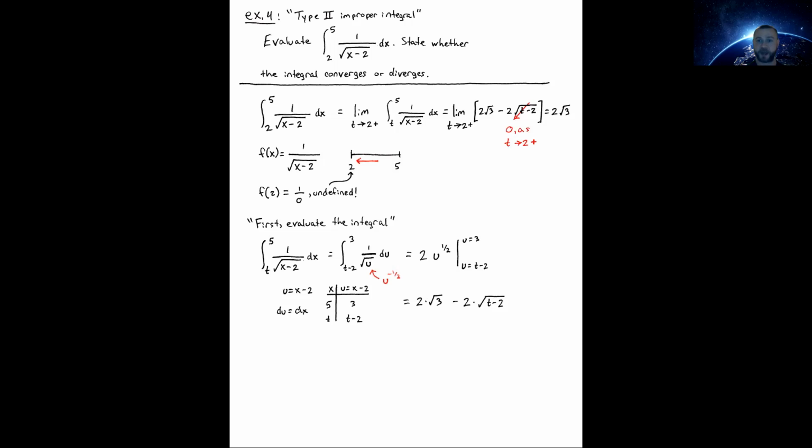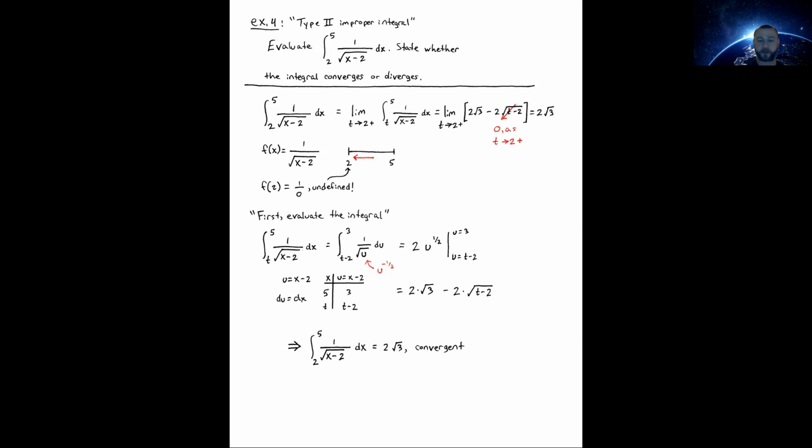So if we stick with a right side limit only as t approaches 2, we avoid that possibility. Okay, so that last term, the square root part, approaches 0. The whole limit then approaches 2 times square root of 3. And since that is a limit that exists, it's a finite number, we find that this improper integral is convergent.